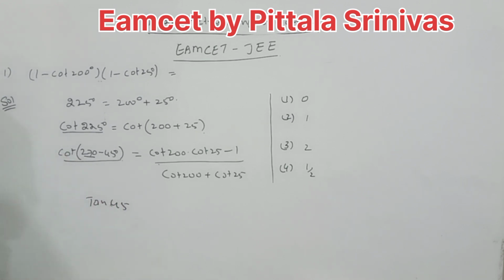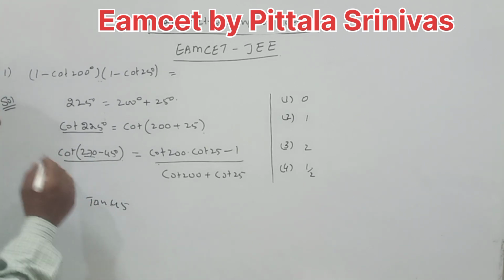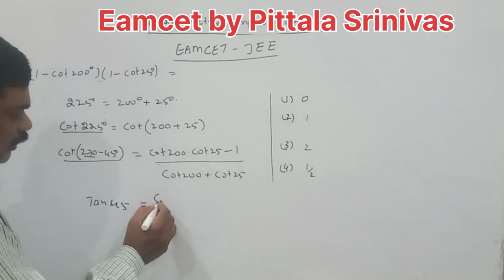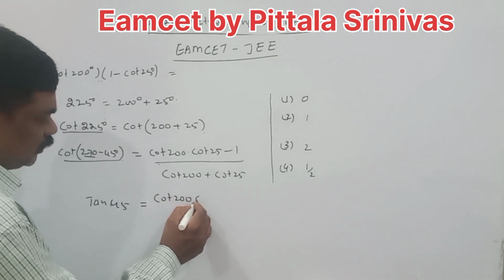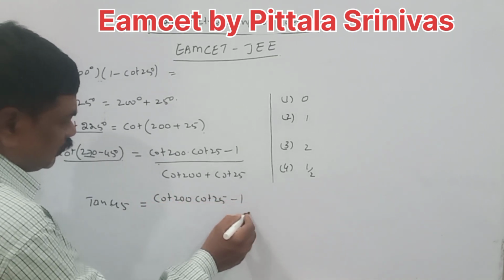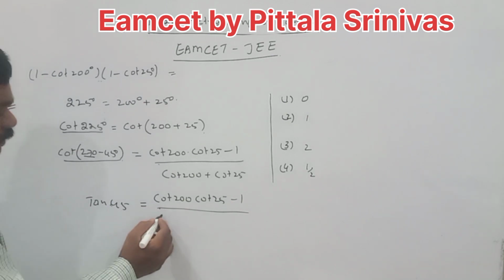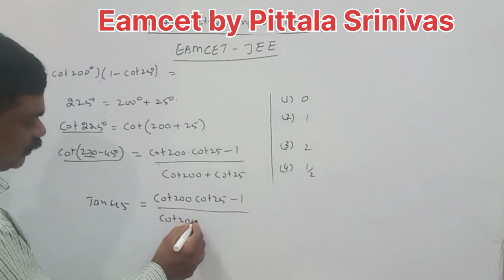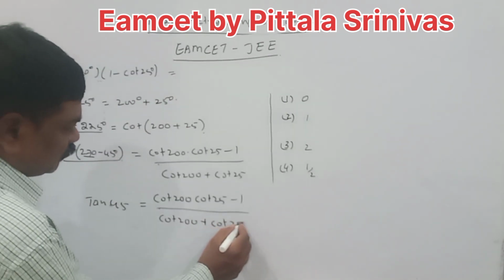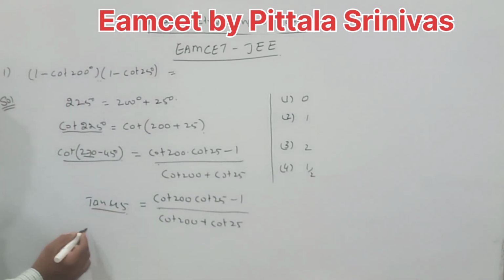So this is in the third quadrant. In the third quadrant, cot is positive. So this is positive, and (cot 200 into cot 25 minus 1) by (cot 200 plus cot 25), this value is 1.